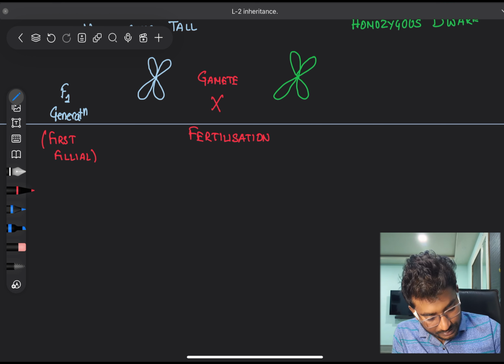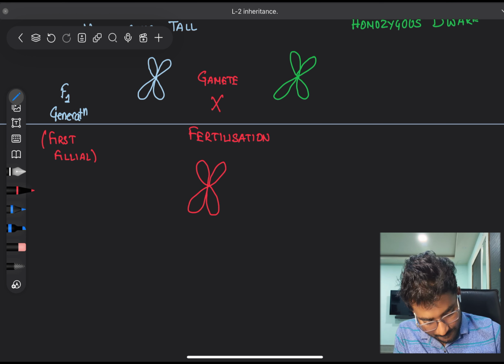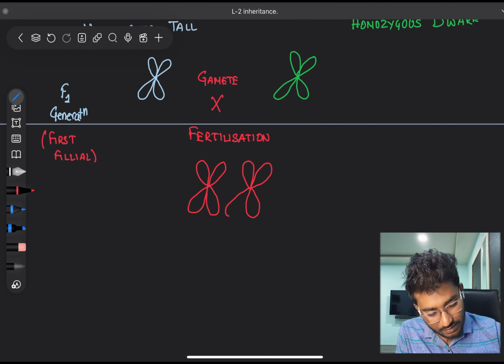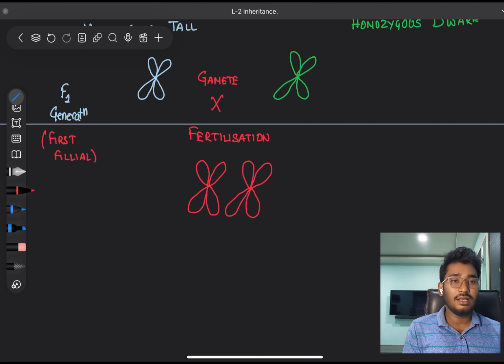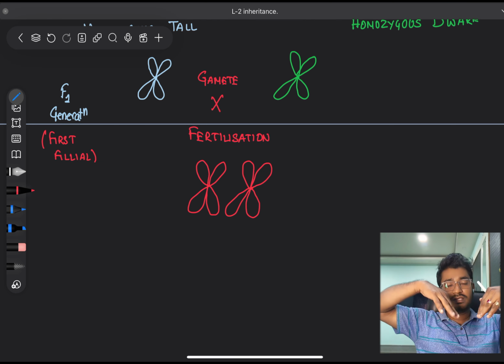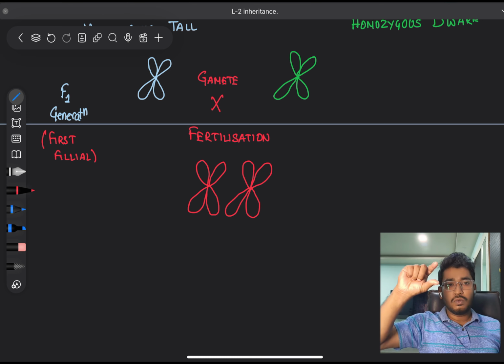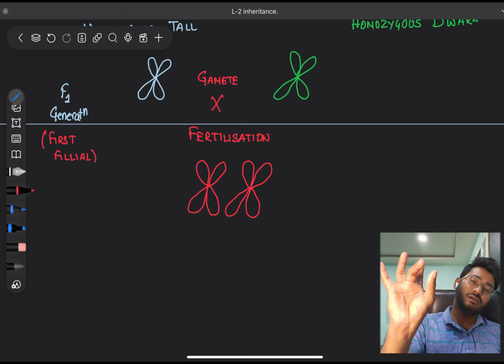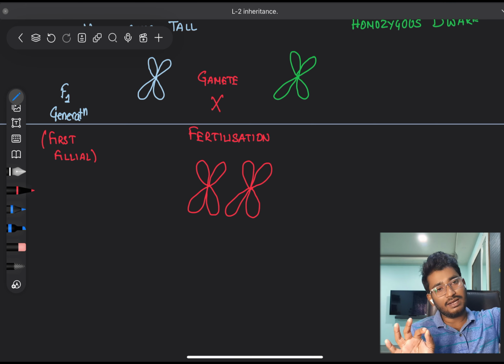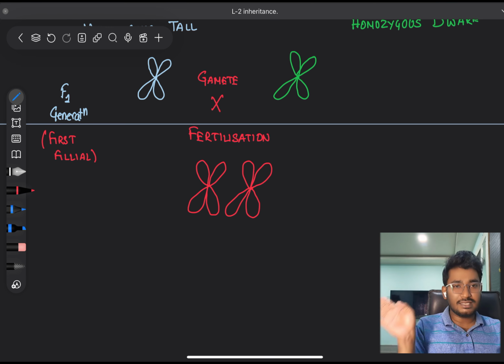Now after the fertilization, what happens? The 2n becomes heterozygous, because this one is pure tall and this one is pure dwarf. When these two undergo fertilization, one allele from the male parent, pure tall, fertilizes with one allele of the female, pure dwarf, and both become heterozygous tall.